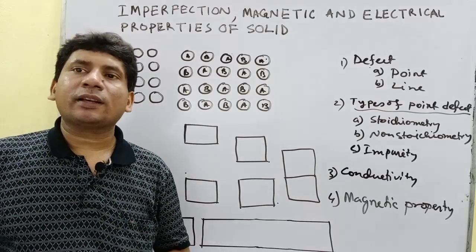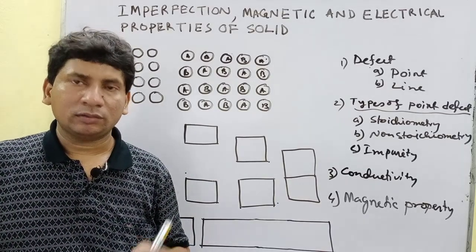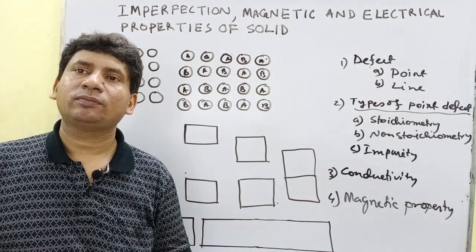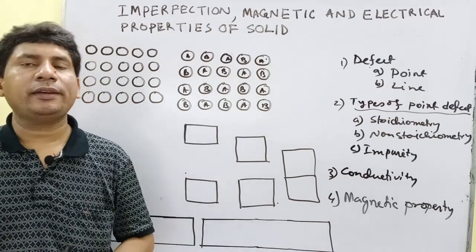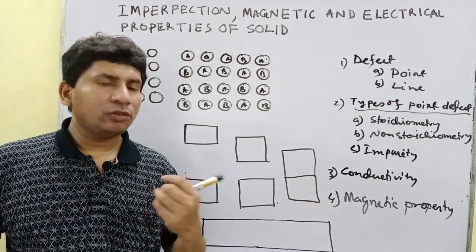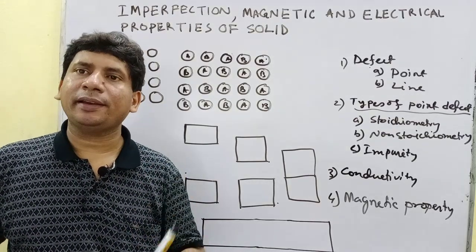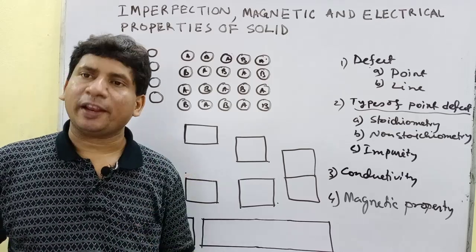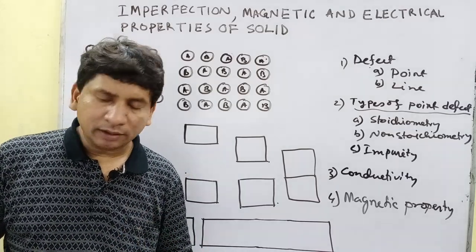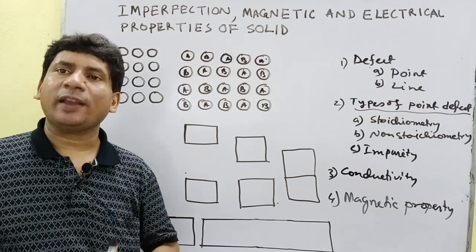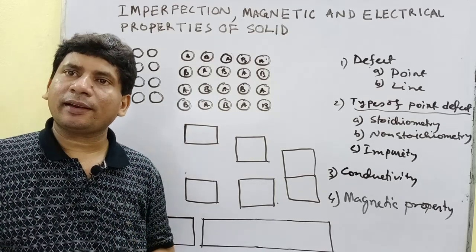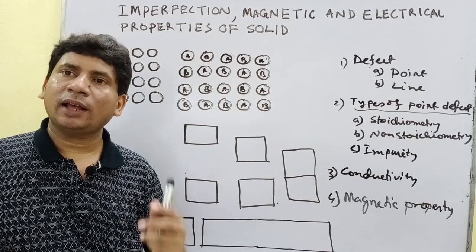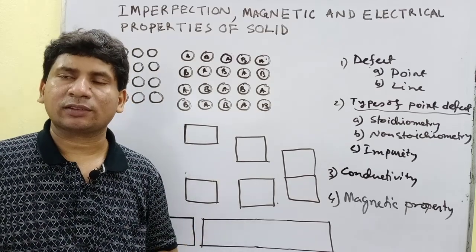In stoichiometric defects we get ionic solids and non-ionic solids. In ionic solids there are two types of defects, and in non-ionic solids there are also two types of defects.